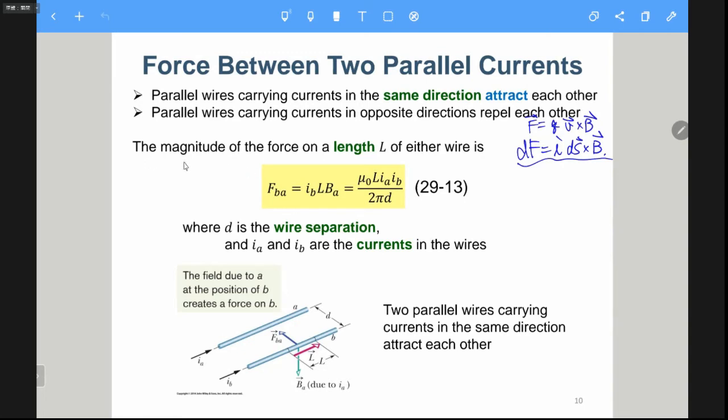And of course, the magnitude of the force will be this expression. In the previous chapter, we know the expression will be like that.